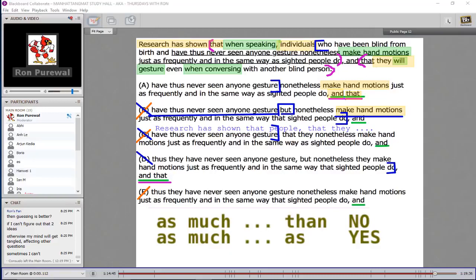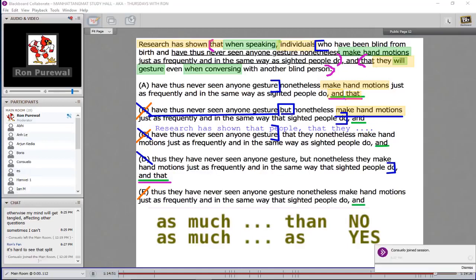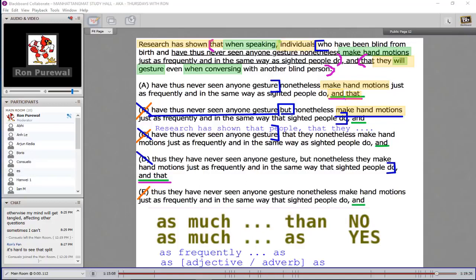This is also for "as frequently" and any other adverb. So "as frequently as," same sort of thing. And more generally speaking, "as" plus adjective or adverb. These things are all the same structure.